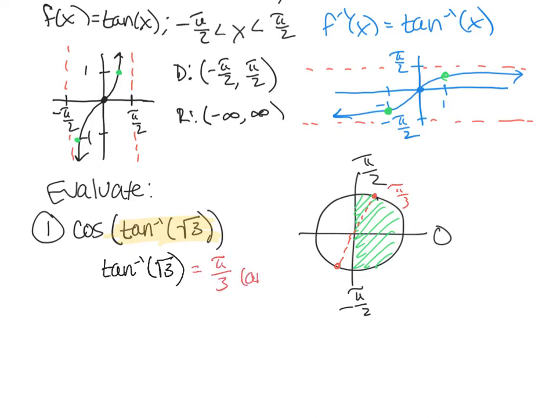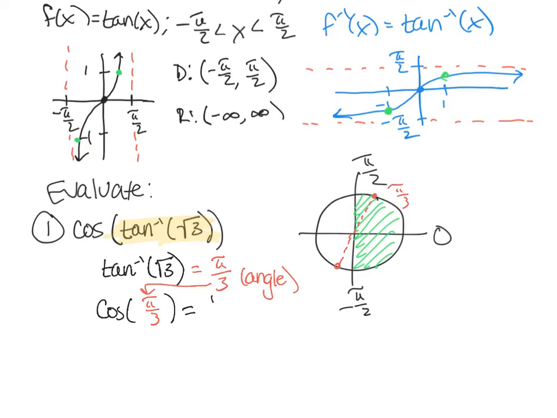So this is the angle that we're looking at. So first we're finding the angle here, and now we're going to take that, plug that back into cosine, and find the length. So what is the cosine or x value at pi over 3?